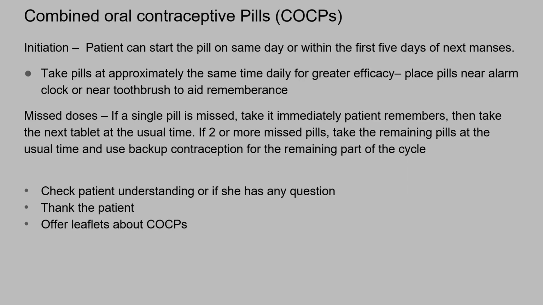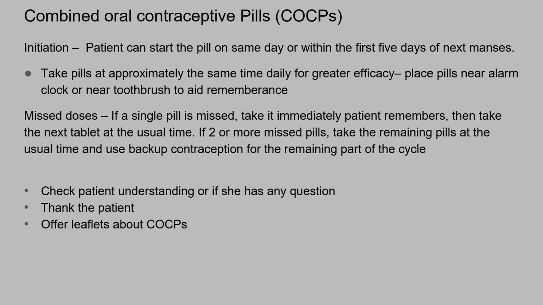The patient can start the pill on the same day that the prescription is given or within the first 5 days of the next menses. It's important that the patient takes the pill approximately the same time every day to enhance efficacy. And you can advise the patient to place the pill near their alarm clock or near their toothbrush to aid remembrance.